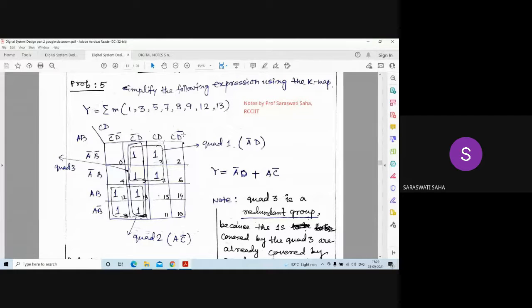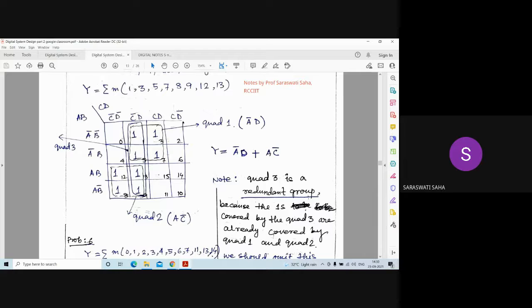So the first step is to draw the Karnaugh map for 4 variables. Is this map clear? Yes, ma'am. Now A is the most significant bit and D is the least significant bit. So A, B, C, D. Write all the possible combinations here: A bar B bar, A bar B, A B bar, A B; C bar D bar, C bar D, C D bar and C D. I hope this is clear for the 4-variable Karnaugh map.